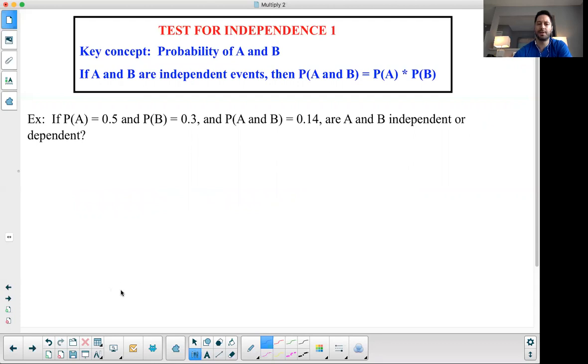Here we can actually do a test to see if two events are independent of one another. And I call this test for independence 1.